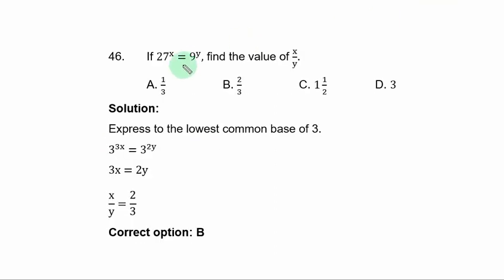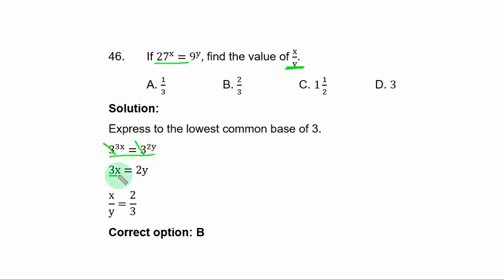Question 46. If 27 power S is equal to 9 power Y, find the value of S over Y. Solution. You have to express to the lowest common base of 3 and you have this result. If you equate the two bases, you have the powers to be equal.